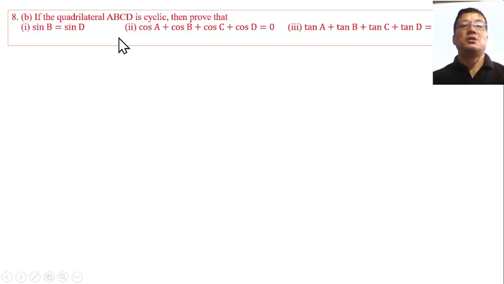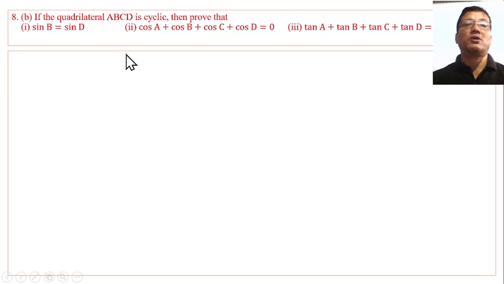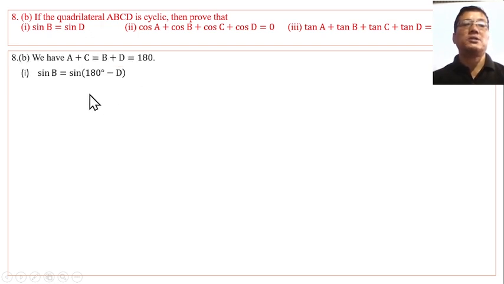If ABCD is cyclic, then in a cyclic quadrilateral the opposite angles sum to 180 degrees. A plus C is 180, B plus D is 180. So sine B is equal to sine of 180 degrees minus D, which is sine D. Proof.